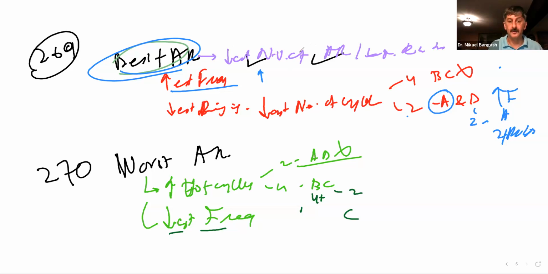Or the worst axial resolution can also be the highest numerical value of these resolutions here.